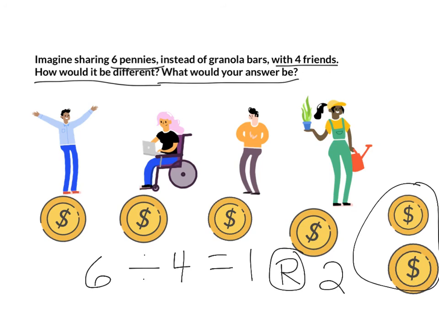Those 2 pennies that are left over, I cannot break them up into halves like I did with the granola bars. And so this is a little bit different. And again, the 6 is our dividend. The 4 is the divisor. And the 1, remainder 2, is my quotient.